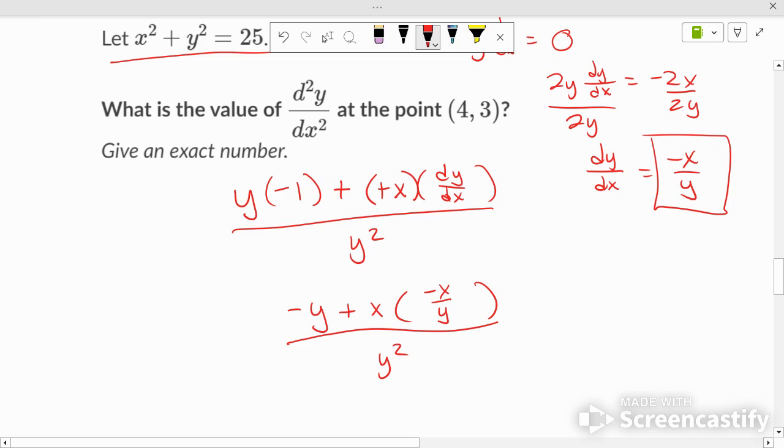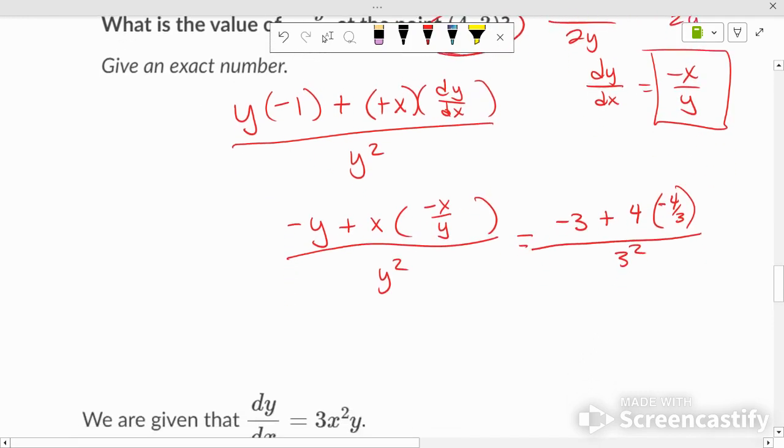Now, instead of trying to simplify that, you've got your point right here, right? Throw it in right now. So you got negative 3 plus 4 times 4/3 over 3 squared. Negative 4/3.